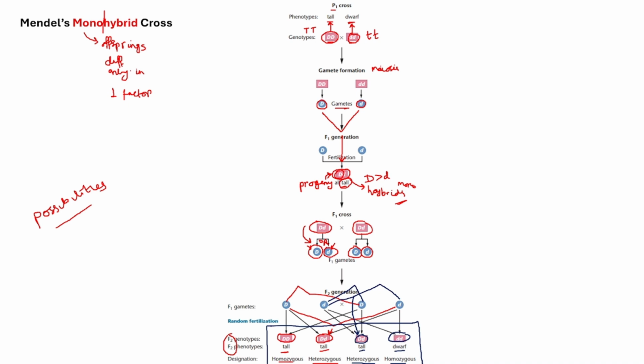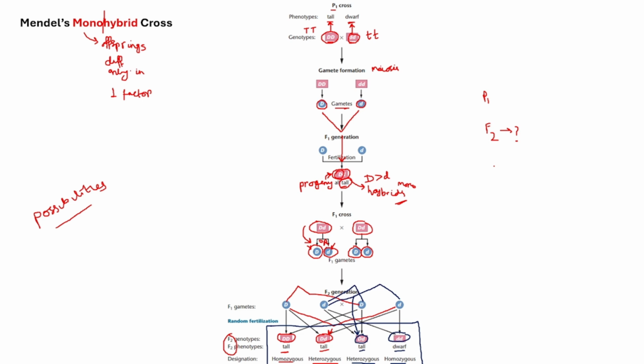So if you have a cross, the question will give you a genotype. Say they ask you about a monohybrid cross, so they will give you the genotype of the parents. Okay, so you will get the genotype and the phenotype of the parents. They will ask you what will be the genotypes and phenotypes of the F2 generation. Here we performed it for tallness. They can give it for some other phenotype, maybe short hair and long hair, or maybe someone who is obese and who is not obese.